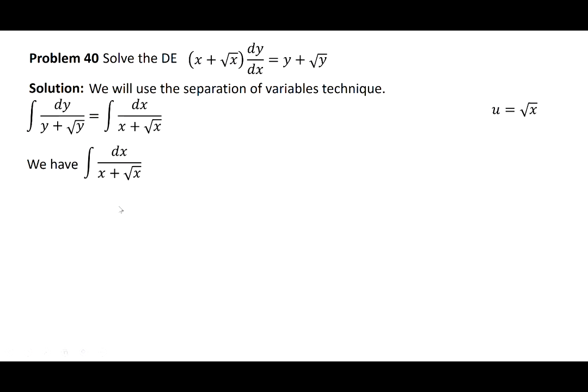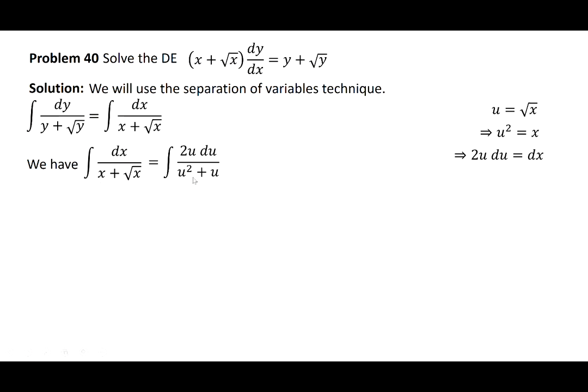Let u equal square root of x, and u squared equals x. I like solving it this way. And so 2u du will become dx. So we are ready now. For dx, we'll plug in 2u du.